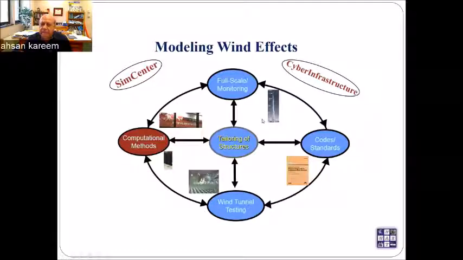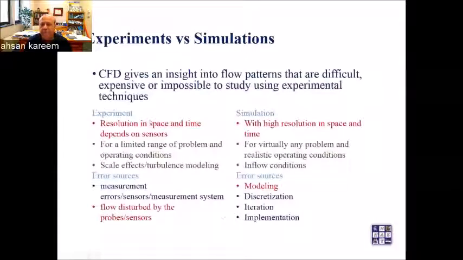So I think this is a slide I had before NHERI, but I think NHERI is sort of a similar thing. We have connected nodes of different facilities, computational or experimental, and they are overlooked by a cyber infrastructure platform, which is DesignSafe, and SimCenter contributes more towards computational methods.